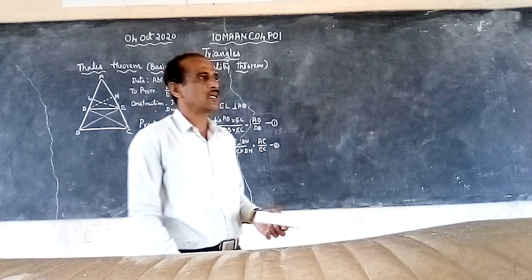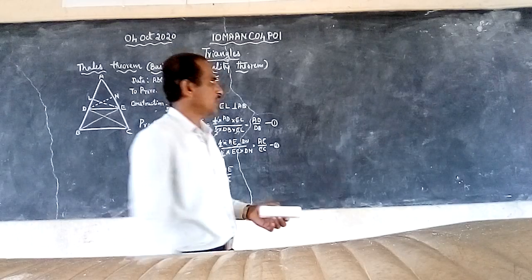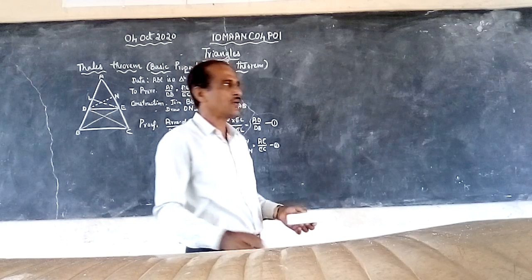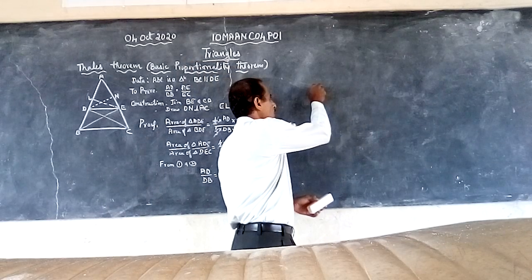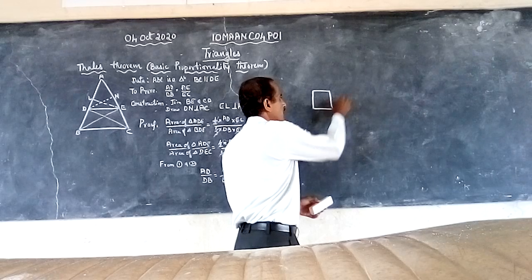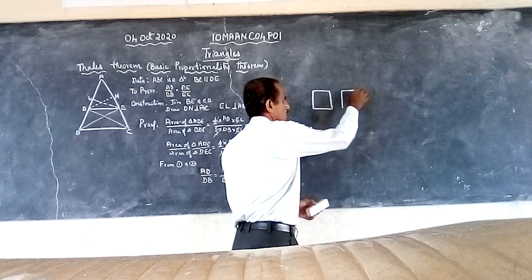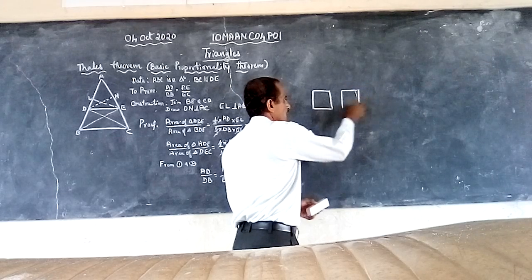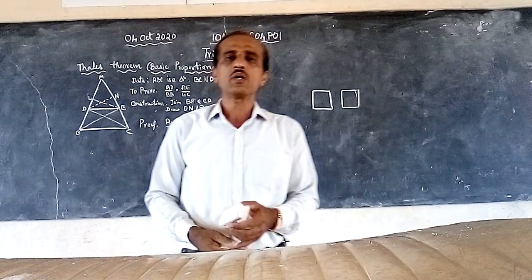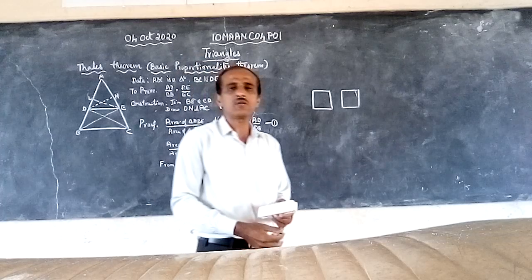For example, if you take any two figures, a square or a triangle or a rectangle, whatever it may be, what do we mean by congruent? If you take two squares, you know that in a square all four angles are equal to 90 degrees.